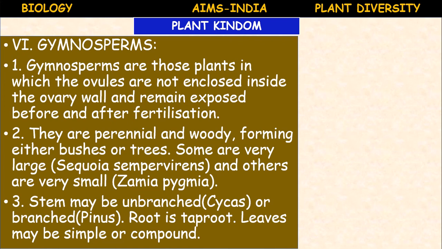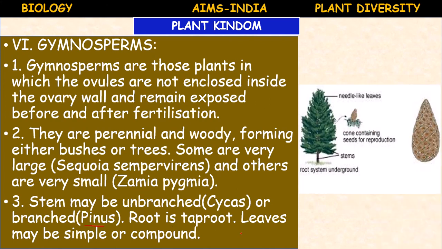The roots are generally taproot, and roots in some genera have even fungal association in the form of mycorrhiza, example Pinus. In Pinus you will see mycorrhiza association, symbiotic association. While in Cycas, small specialized roots called coralloid roots are associated with nitrogen fixing cyanobacteria. The stems are unbranched in Cycas and branched in Pinus. Okay, the leaves may be simple or compound.